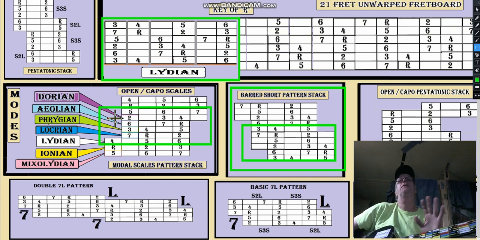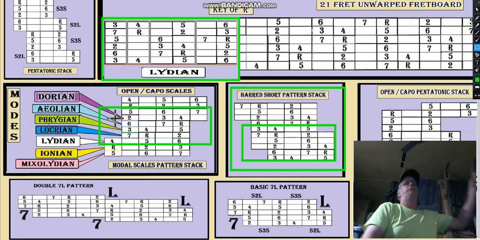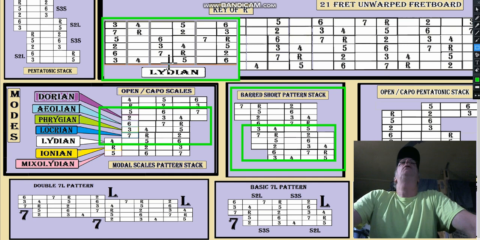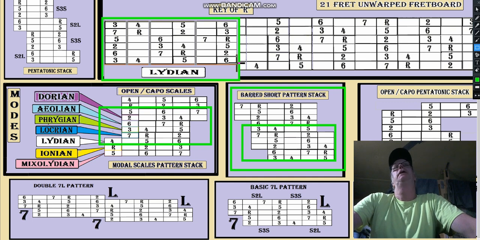So you have to get the patterns right and know where you're at, and then you can get the sound better than that. So that's the difference between playing the pattern and doing this whole thing up here, where we've got 2 patterns in one giant box.